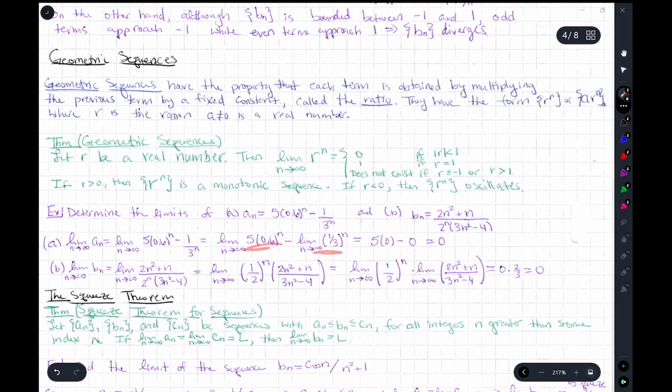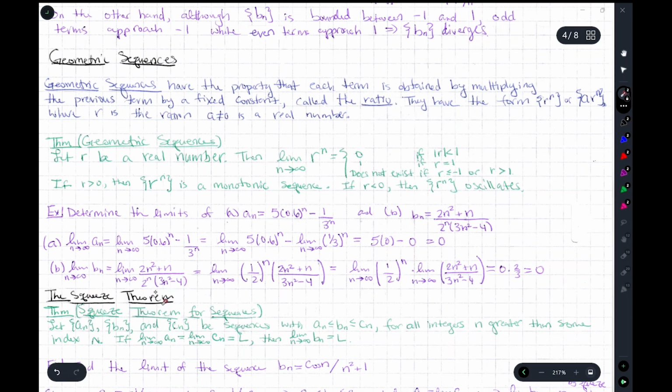So now we're treating these as two different sequences, and we're going to take the limit of each one. Well, here we get r is equal to 0.6, and so that's strictly less than 1, so this is 0 as n goes to infinity. Here r is equal to 1/3, and again, that's strictly less than 1, and so this limit is 0.